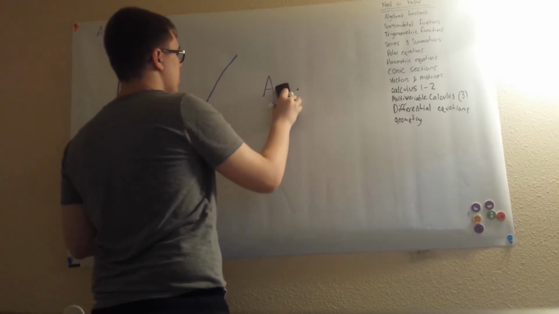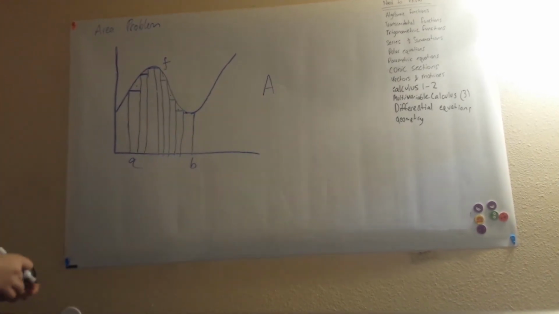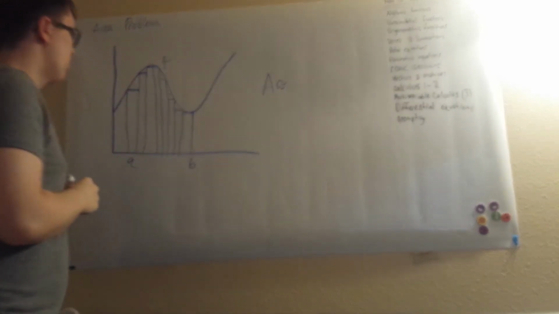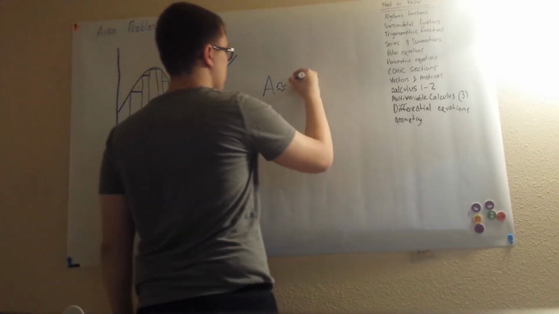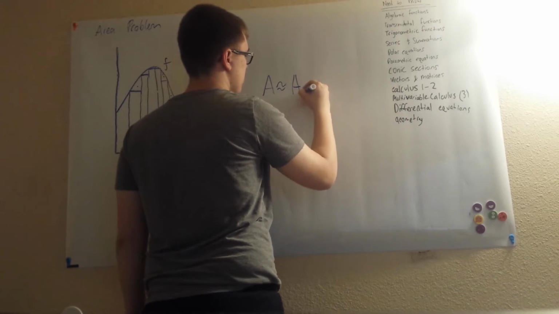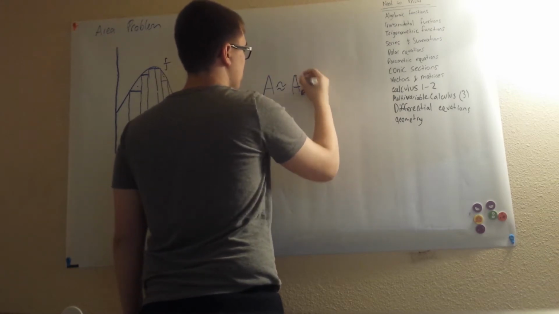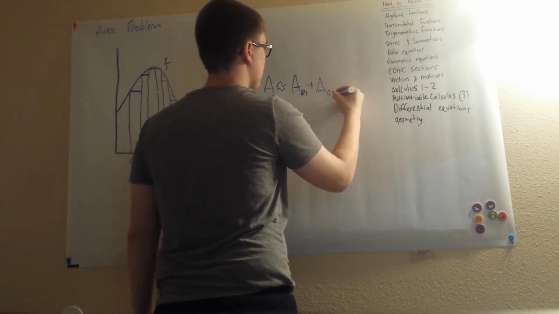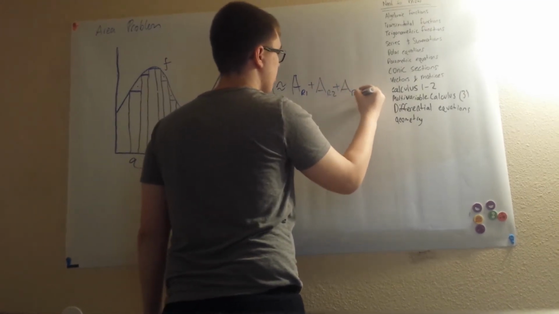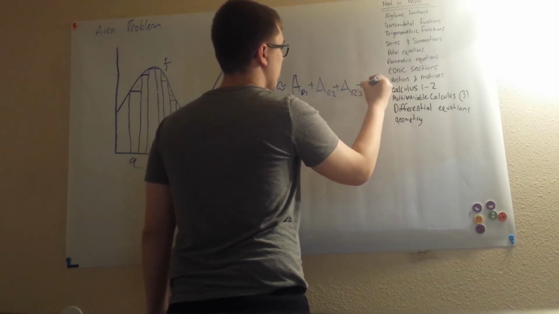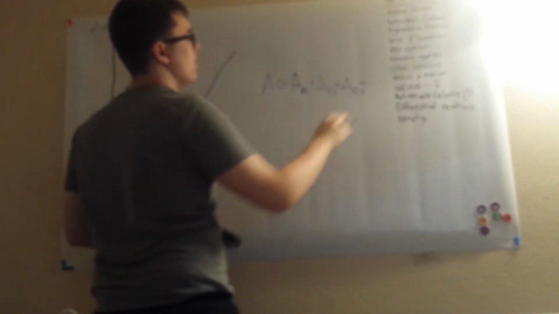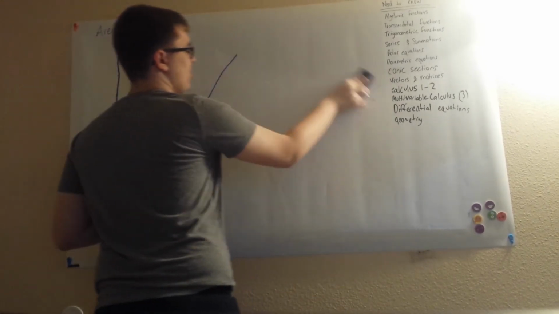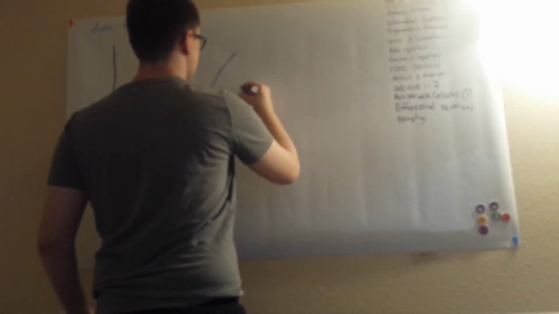So, would you say that the area under a curve is approximately equal to the area of the first rectangle, area of the second rectangle, area of the third rectangle, and so on. Before I go on, I'm going to write this right here.